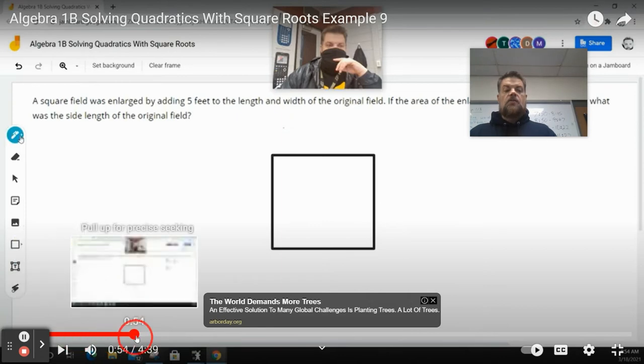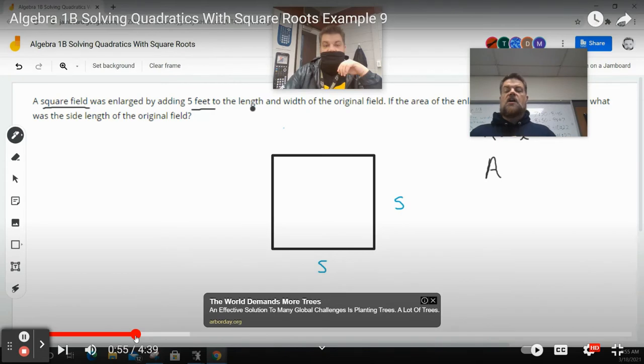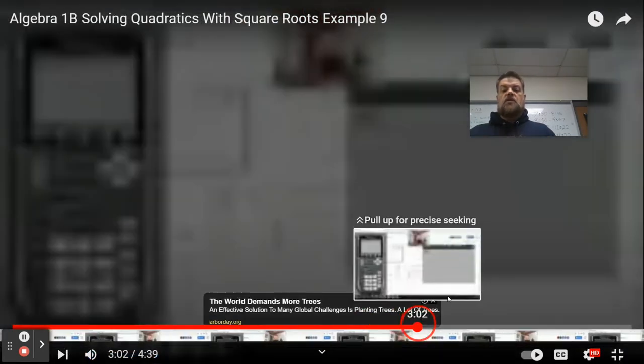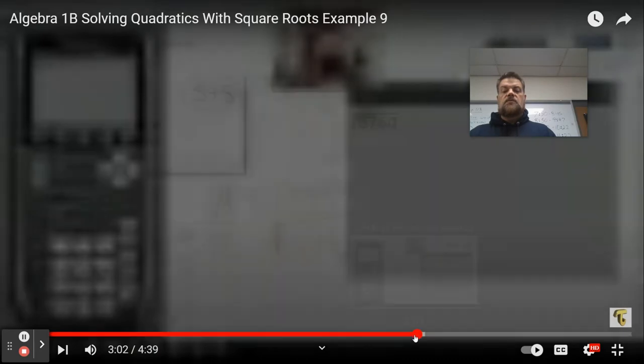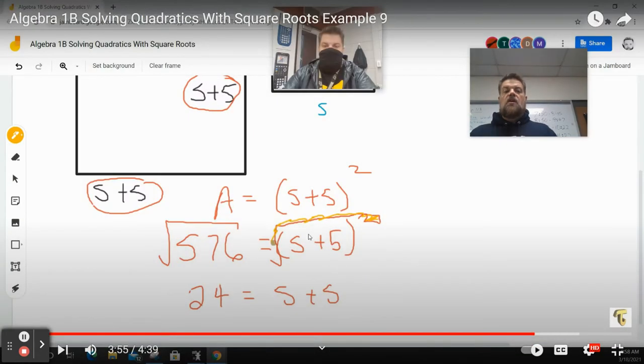This is a very similar scenario, and the video is only 4 minutes long, but I'm going to just fast forward through the video. What they're doing is using the area of a rectangular shape, and then doing some algebra. So the setup is very similar, okay?